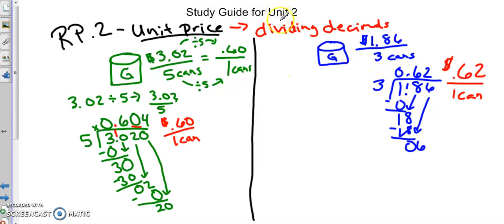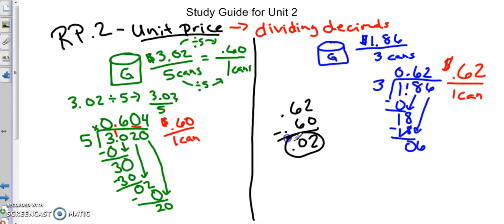There will be one like this on your test. I will be asking you to tell me how much you would save if you bought the cheaper can. Of course, comparing 60 cents and 62 cents, you would be saving 2 cents, because 62 cents minus 0.60 is 2 cents.